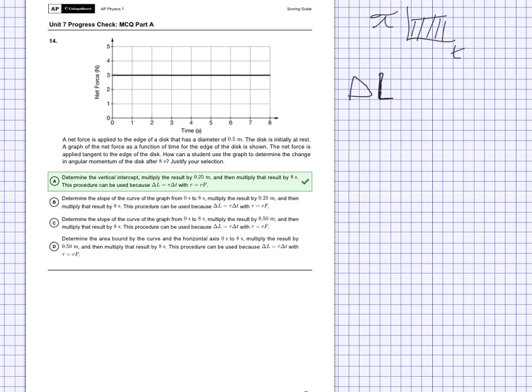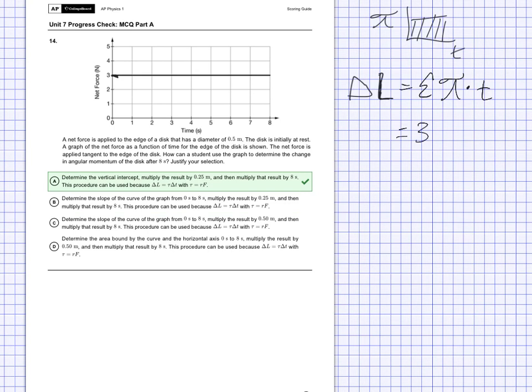So that fundamental theorem, the impulse momentum theorem, says the change in L is equal to the net torque times the amount of time. This is almost identical to what we had in the momentum section where we said the change in momentum equals force times time. It's just phrased with angular properties. So if I take the vertical intercept, the net force here was about 3 newtons.